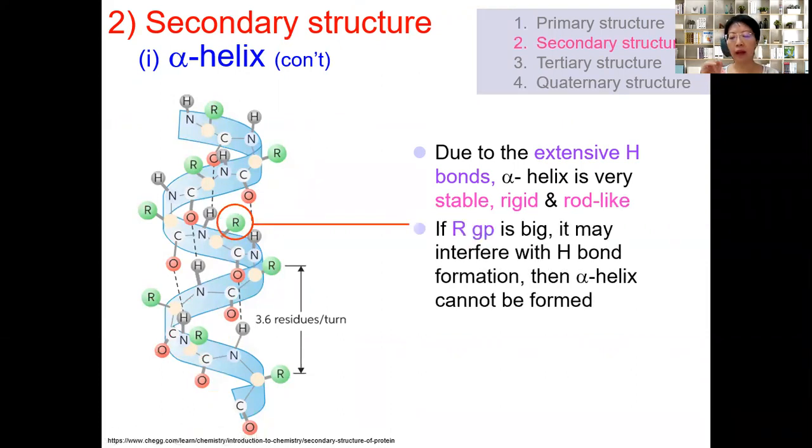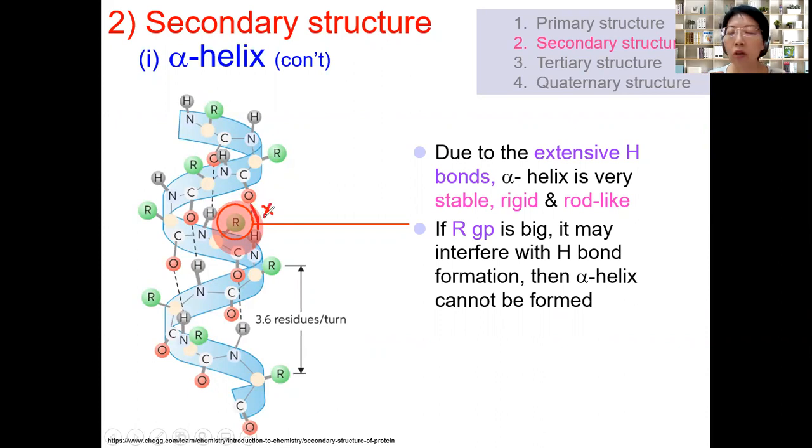Now, in order for the chain to coil up like this, it must make sure that the R group is small. The R group in the alpha helix must be small. Why? You can see here. If the R group becomes very big like this, taking up this space, can you see that this hydrogen bond can no longer be formed? This hydrogen bond here connecting this O and H cannot be formed.